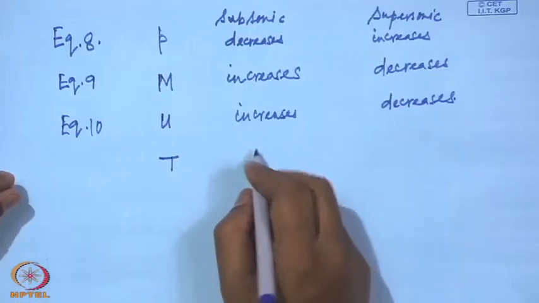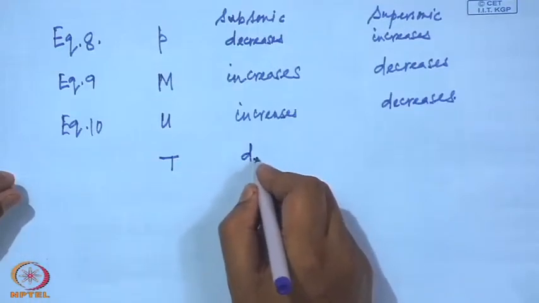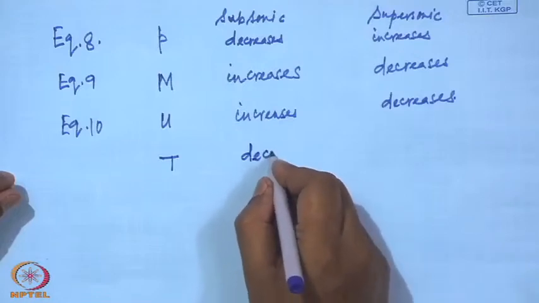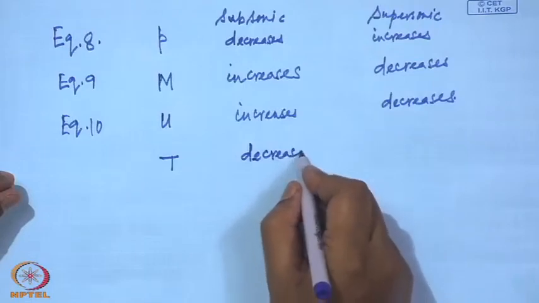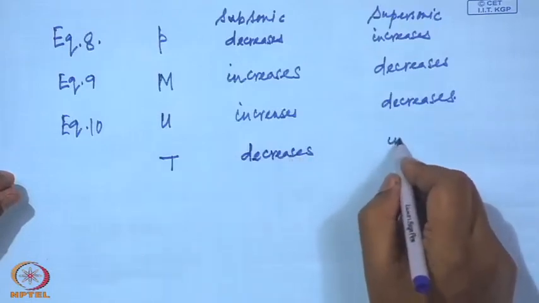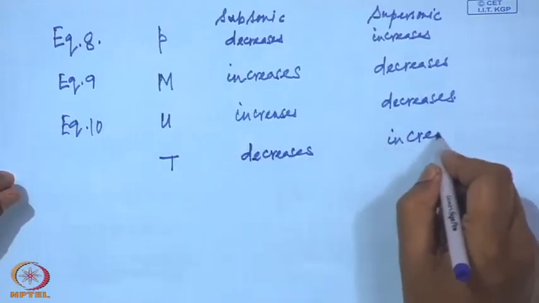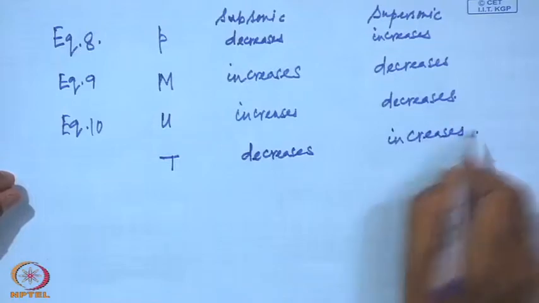Similarly, T, dT by T is negative in supersonic flow, and this decreases, however, it becomes positive in supersonic flow and it increases.